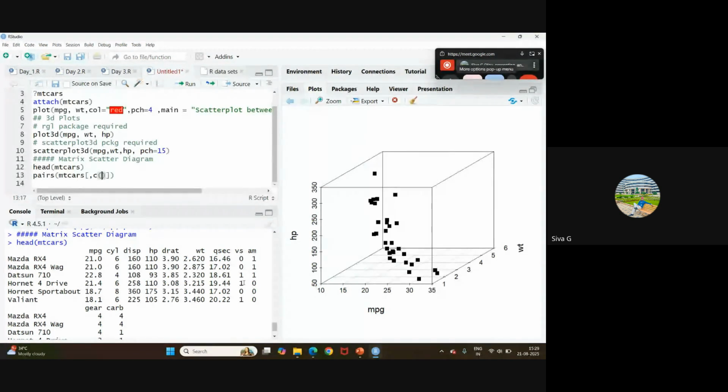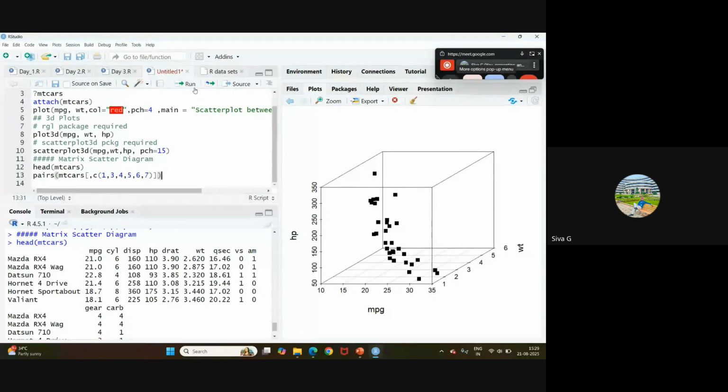The first column, mpg, and displacement, which is the third column. Next, horsepower, the fourth column. Next, the fifth, sixth, and seventh. I am leaving out the second column because it is discrete data. So these are the columns: first, third, fourth, fifth, sixth and seventh. I want a matrix scatter diagram between these columns.